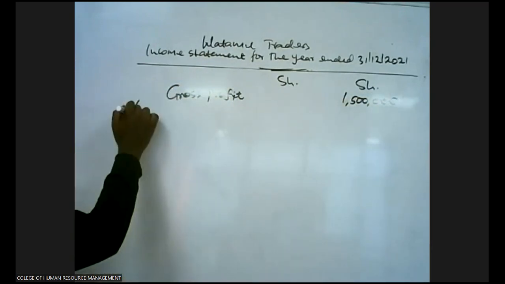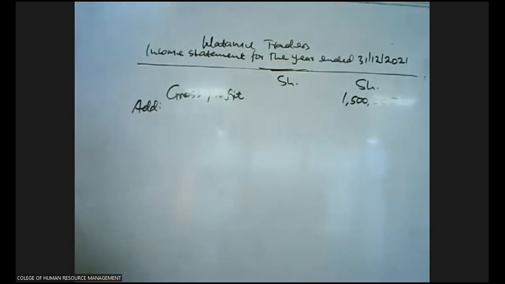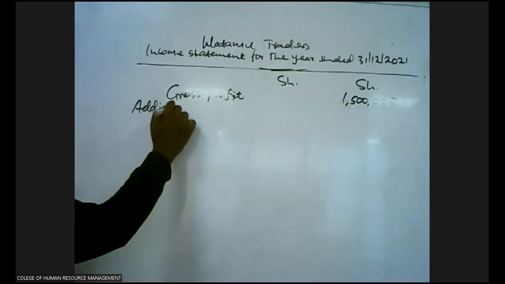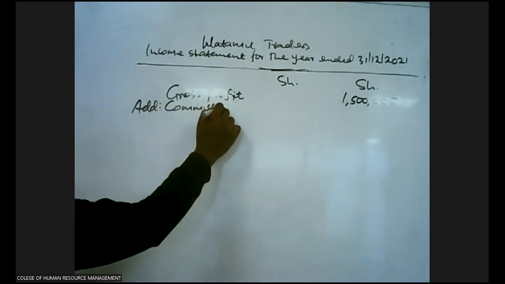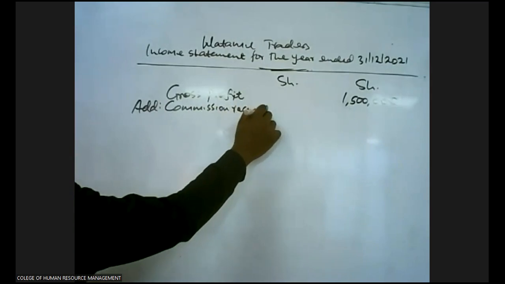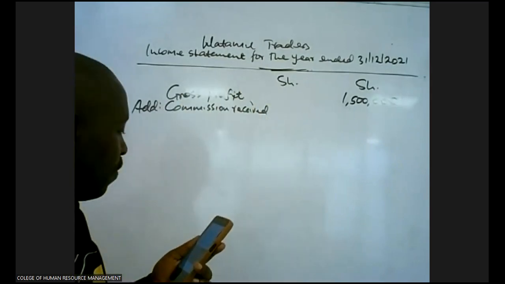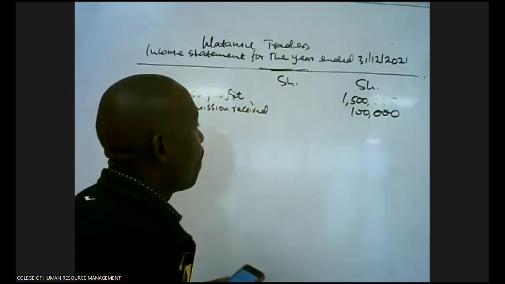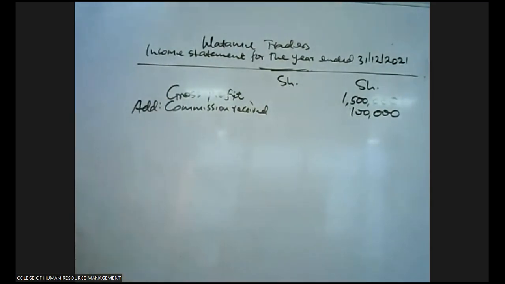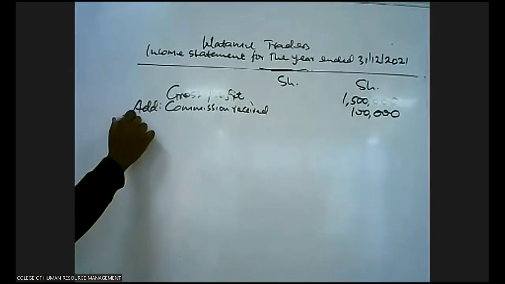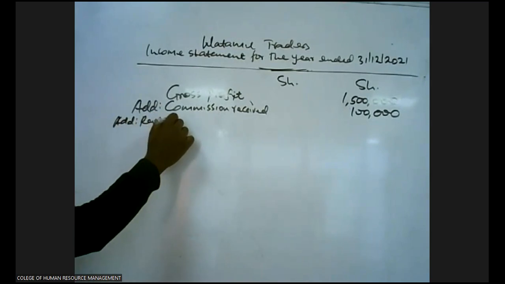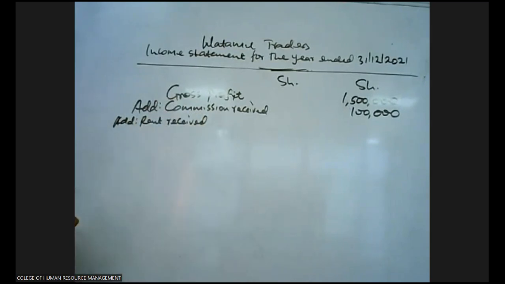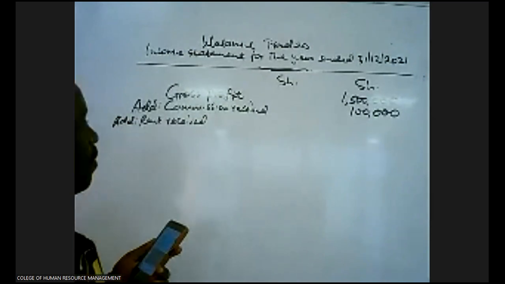Then we say add other incomes. The other incomes we have are commission received, with no adjustment in the account, and rent received, which is 50,000.